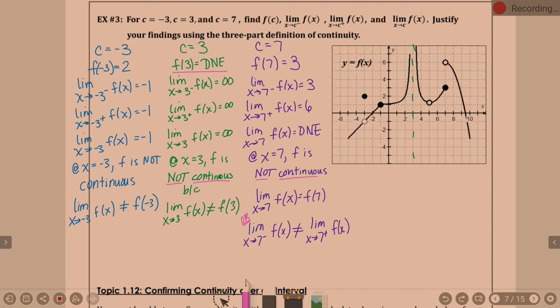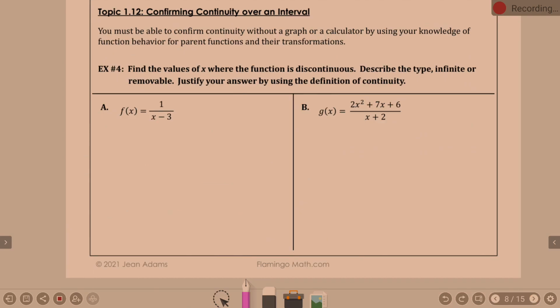So example 4 asks us to find the values of x where the function is discontinuous. Again, this is not a calculator thing. This is using what we know. Describe the type, infinite or removable, and justify your answer by using the definition of continuity.